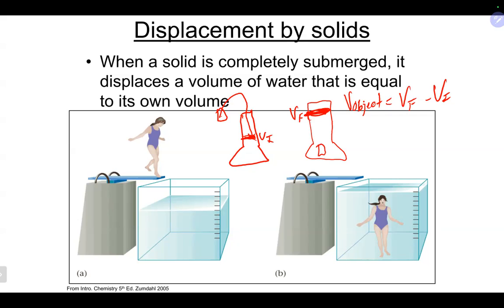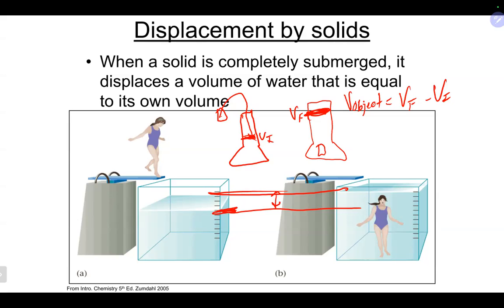And that's what we see here. Before she dives into the tank, the water is at a certain height. Once she goes in, the water level is displaced. And if we take the difference between where she started and where the water level ended up, that would represent the volume of her as she goes in there.